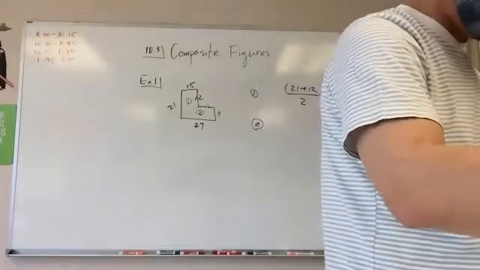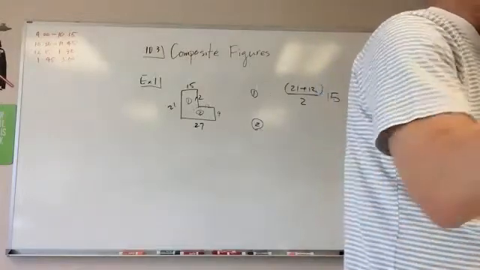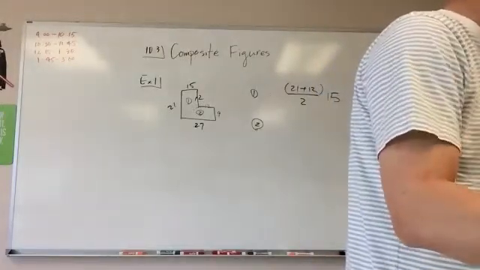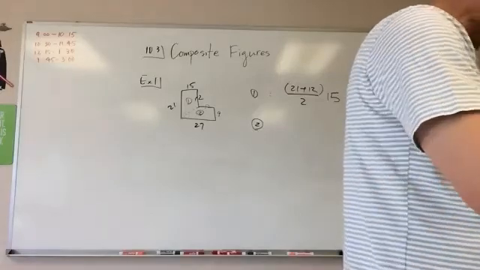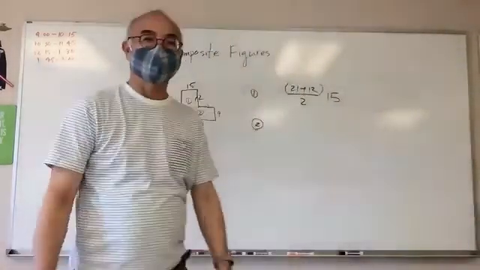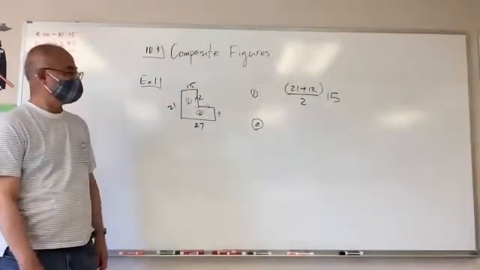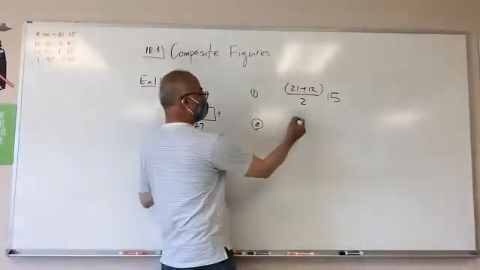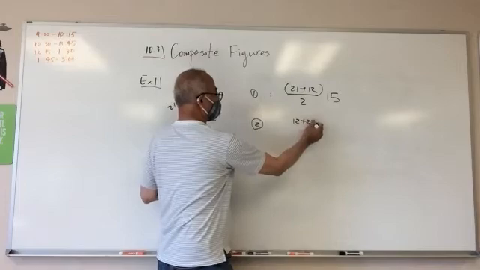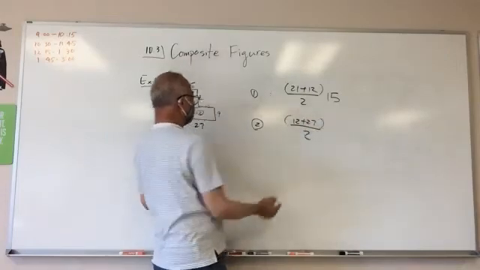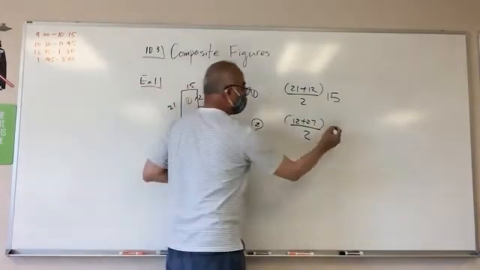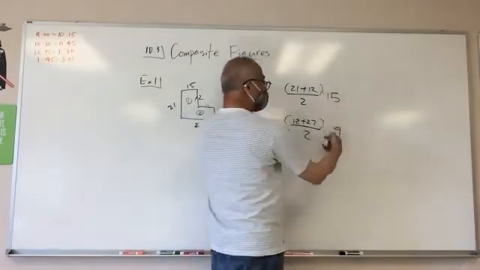My bad. I just called you, so I'm not going to call on you. Tyler. So base 1 would be 12. Base 2 would be 27. Correct. And the height would be 9. Okay, and then you would add these 2 together, right?